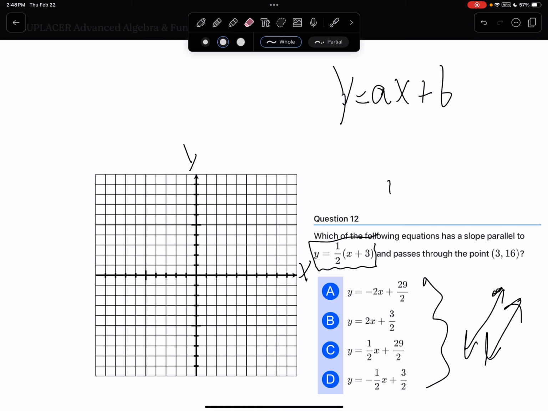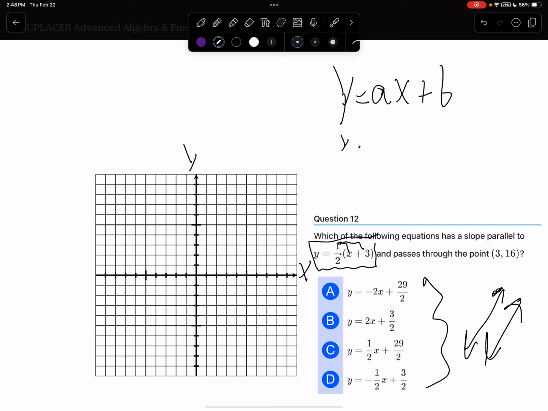Because you've got that parentheses there, let's look at doing this in a slightly different way. Let's distribute that 1/2, multiplying the 1/2 by the x and then the 1/2 by the 3.